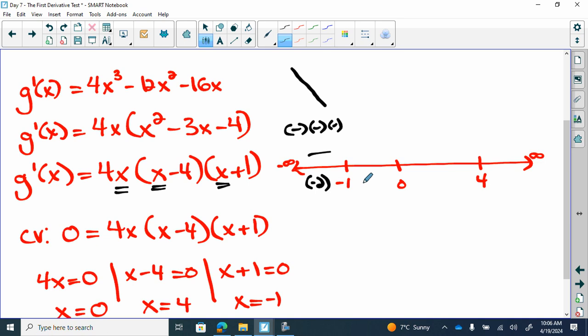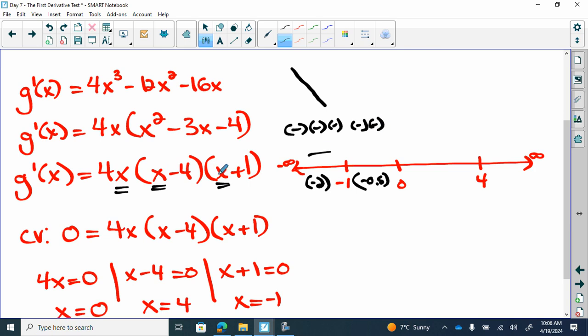Between -1 and 0, what's a good test value? -0.5. You could use -0.9, -0.75, something between -1 and 0. Fill it in here. What's 4 times -0.5? It's a -2. -0.5 minus 4 is a -4.5.